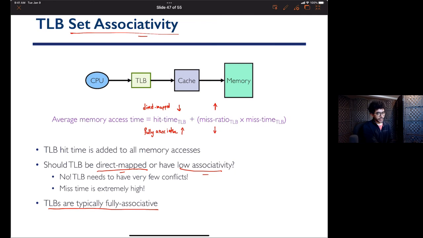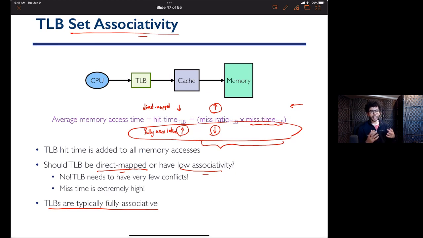Well, if this miss time is really high, like a really big number, then bringing the miss ratio down is more important than incurring a hit time. So that's why you usually pick this one, because this portion at least would be less expensive. It's fine to pay some cost with hit time.